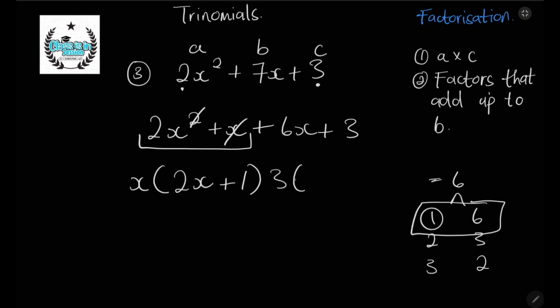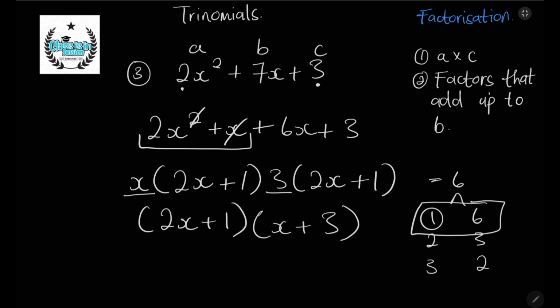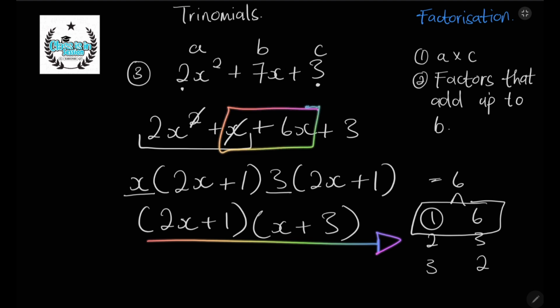Open a bracket, 6 divided by 3. You have 2x, 3 divided by 3, which is 1. Now, remember I taught you guys the common bracket, right? Can you see that you have 2x plus 1 here and 2x plus 1 there? So you write down that common bracket, 2x plus 1, and you write what's outside. You have x plus 3. Then you can distribute this to make sure that you have the right answer. If you don't, you might have to switch these terms. In this case, you don't really have to switch them.